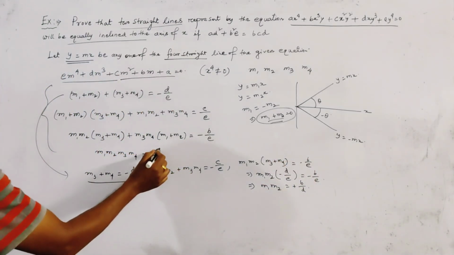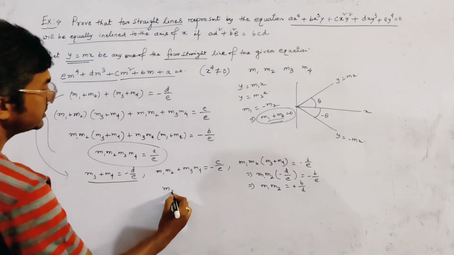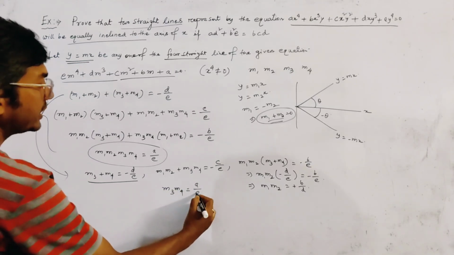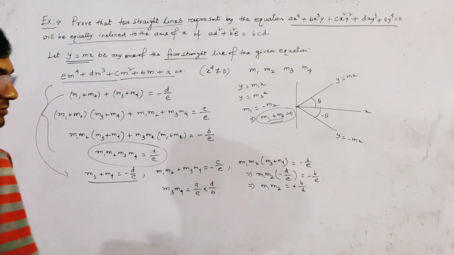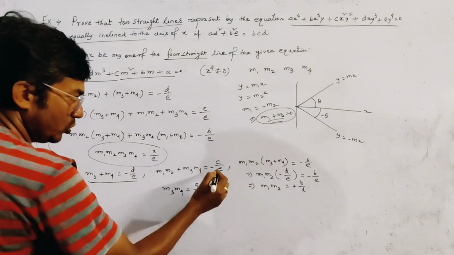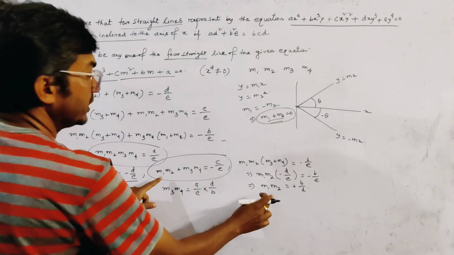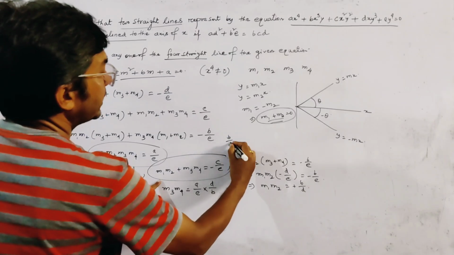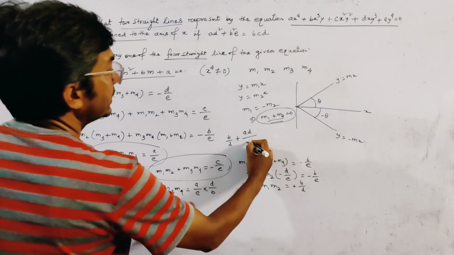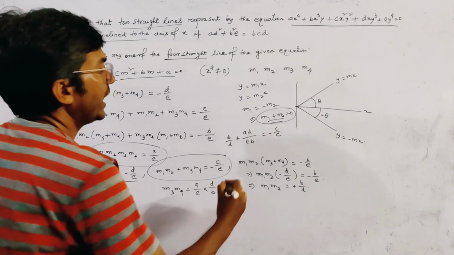Now from the last relation, by putting the value of m1m2 here, we get m3m4 = (a/e)(d/b), that is ad/eb. So we get m3m4 and m1m2 also. Putting both values here, we get the relation b/d plus ad/eb, and the right side is minus c/e.